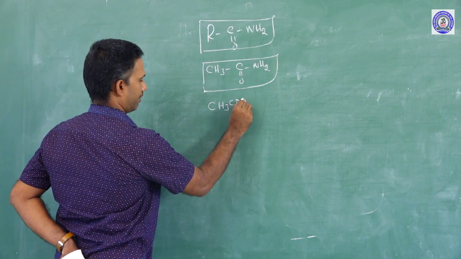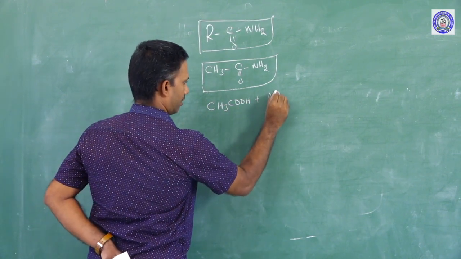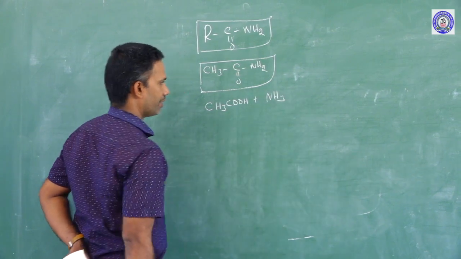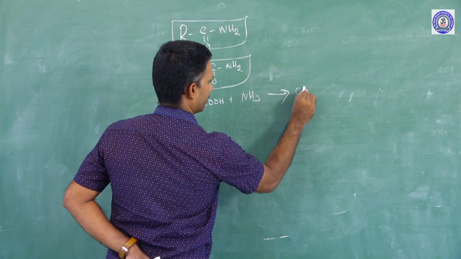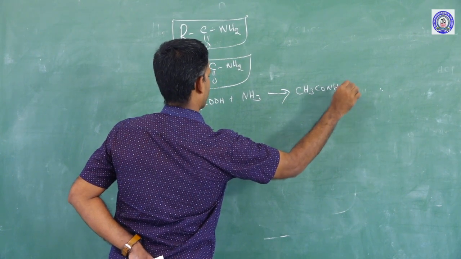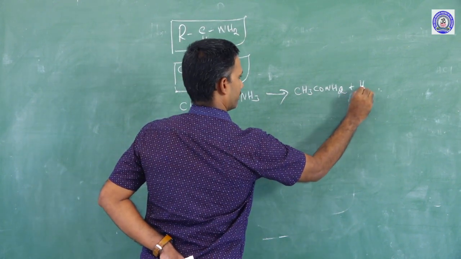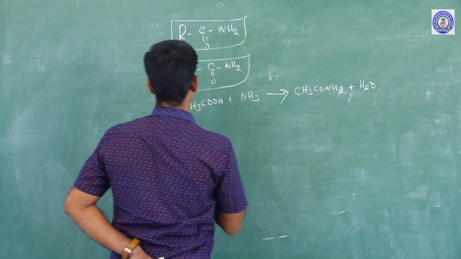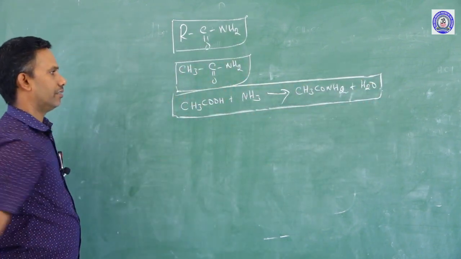When acid, acetic acid, is treated with ammonia, you are getting amide. First method of preparation of amide.